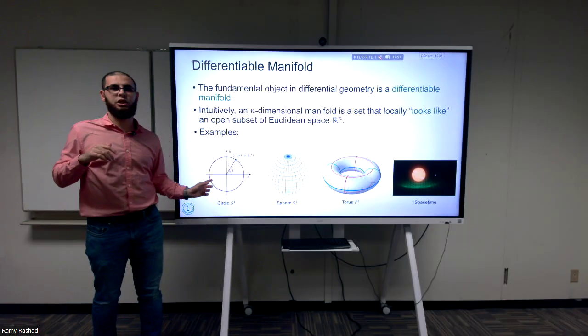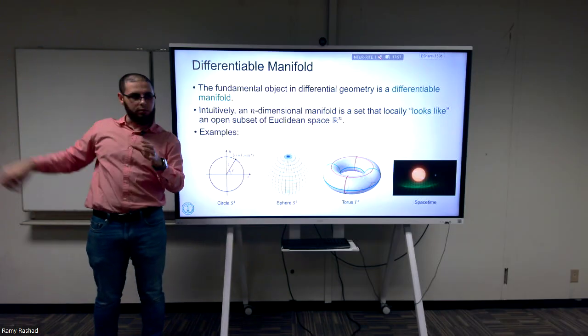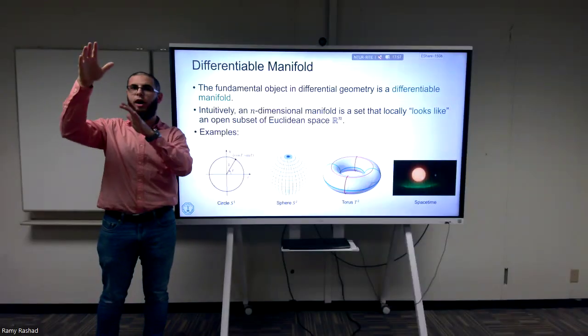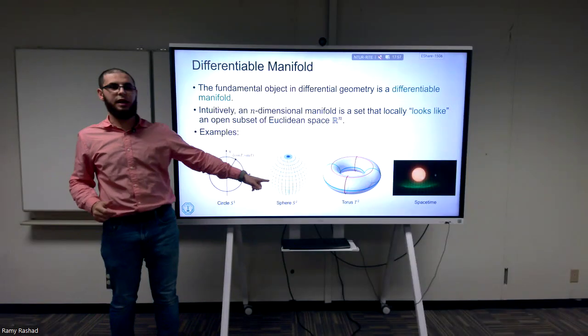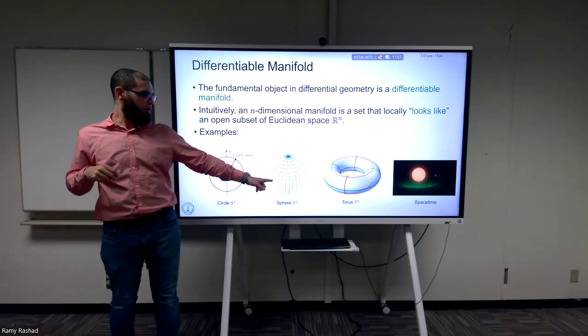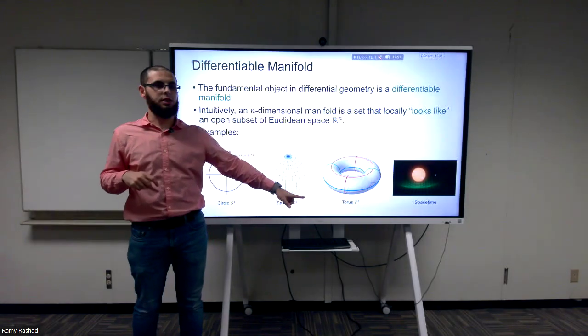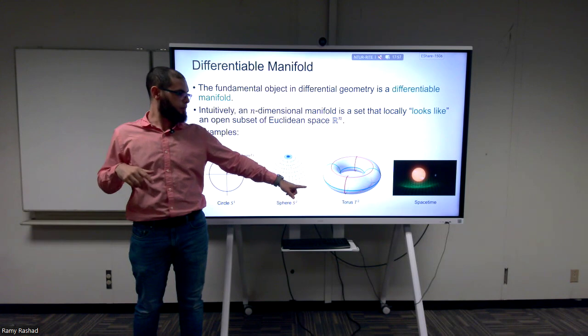We defined Sn in general to be a subset of Rn+1 such that the coordinates are related to each other. The sphere S2 is another example of a two-dimensional manifold. The torus is another example of a two-dimensional manifold.